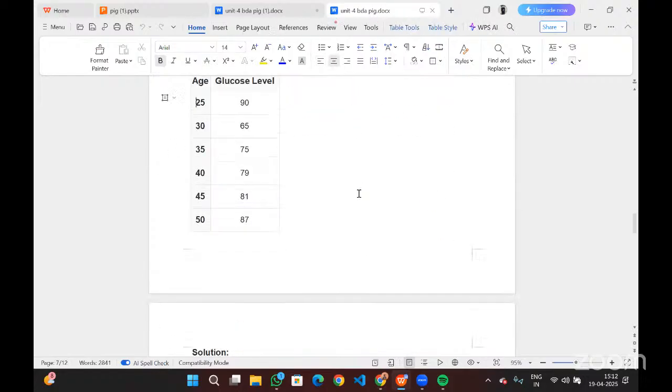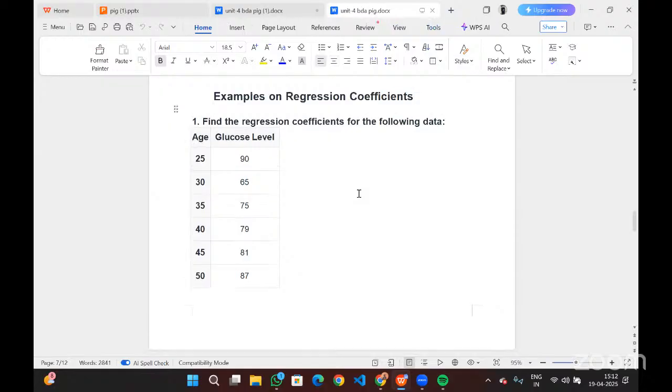Take down this question, all of you. This is in the 5th unit. First calculate this, then we'll do the predictive analysis here.